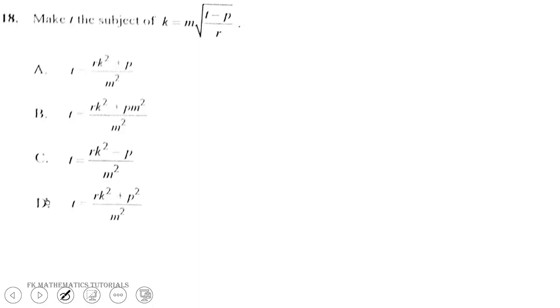Make T the subject of K equals M times the square root of T minus P over R. So you have to first of all undo the M, which is multiplying the whole square root.